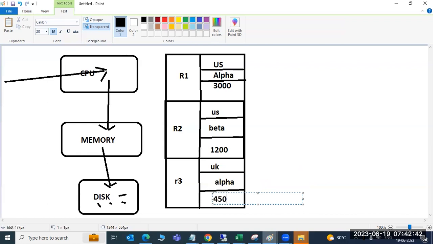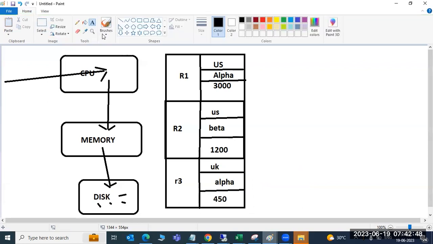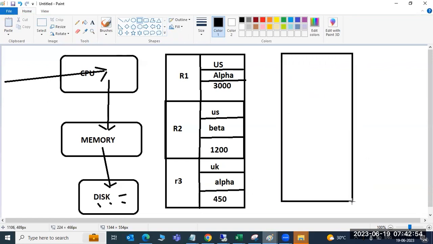So the same data, how will it be stored at the columnar level? Row store level we know: in one row, US country, alpha, 3,000 rupees; UK, maybe some beta; US, something like that. So we mentioned some columns.